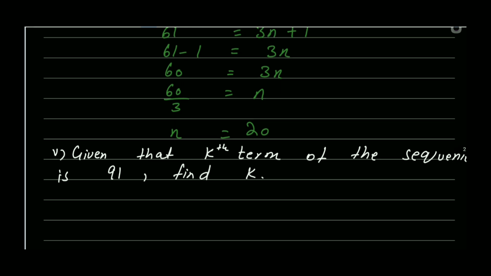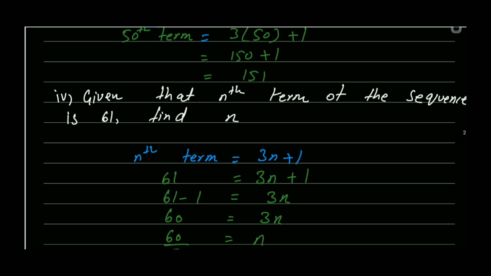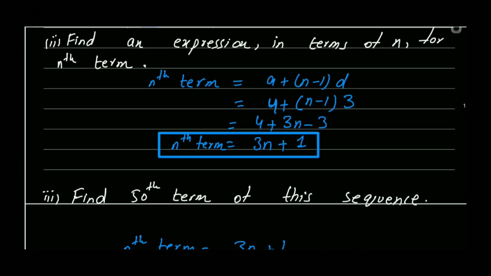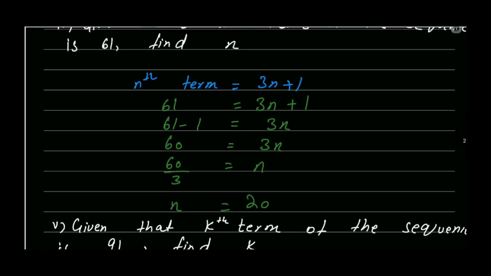So same, you have to use the nth term that you have calculated in part 1, that is 3n plus 1. So in the first part you have to find the nth term of that sequence. After that we can directly use this nth term in other parts.